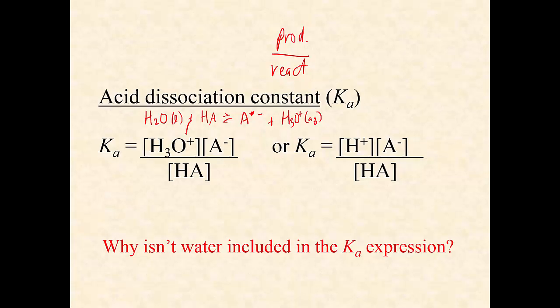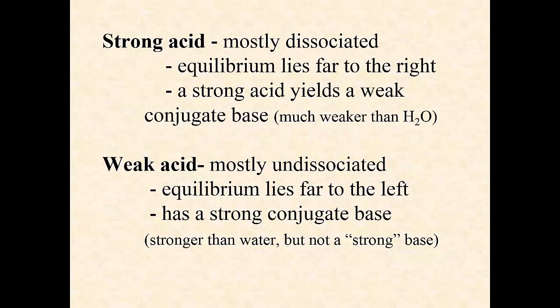So this one is when water was included. This was the other generic one. They both mean exactly the same thing. And we never include water because water is a liquid. So that's why we can write the reactions without water, because water is not going to be in our Ka expression.